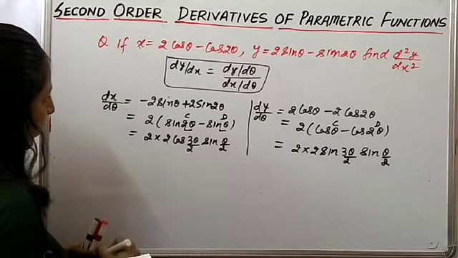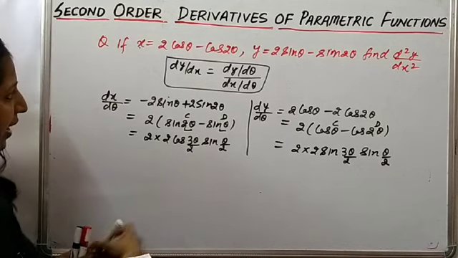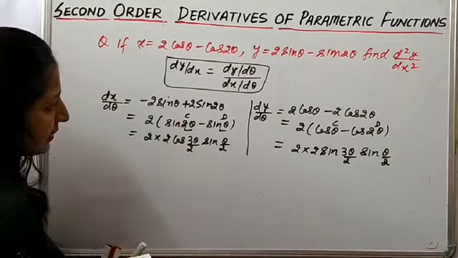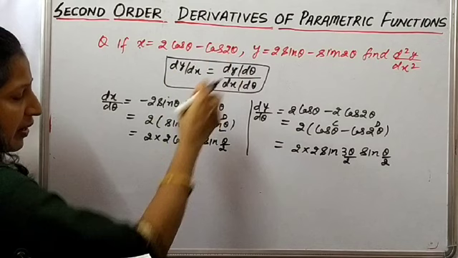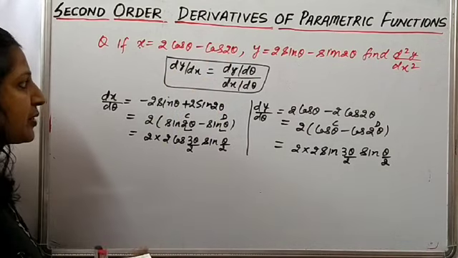So now we will find dy by dx. Just put the values of dy by d theta and dx by d theta here, and after solving we will get our required value, that is dy by dx, the first order derivative, and then we will differentiate again.